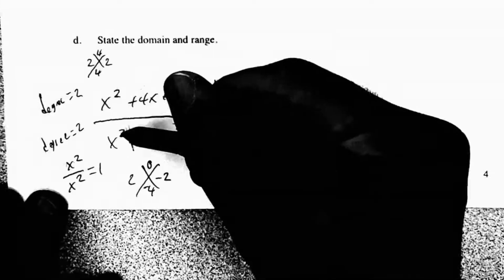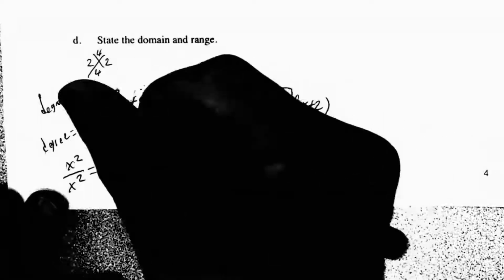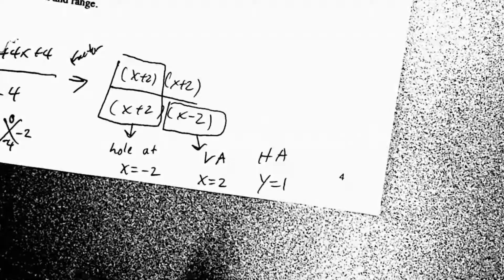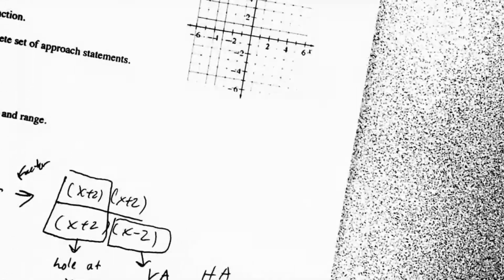Since they have the same degree, I divide the two x squareds and I get a 1. This means I have a horizontal asymptote at y equals 1. Okay, so now that I have my asymptotes and my hole, that's it.